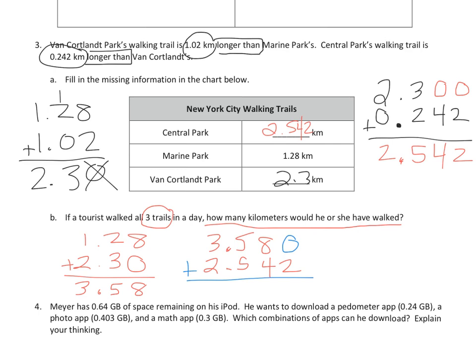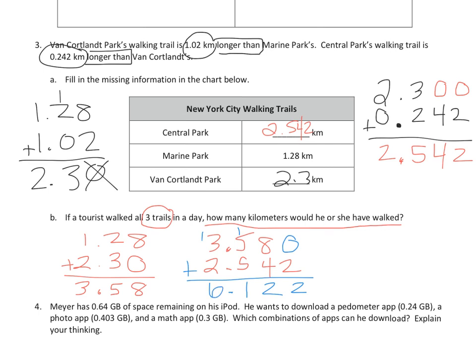And in the thousandths, I have 0 plus 2, that's 2. I've got 8 plus 4 in the tenths, that means I have to regroup. 1 goes up on top, 2 comes down. 5 tenths plus 5 tenths plus one more, that is 11 tenths. So I have to regroup. Decimal point. And in the ones, I've got 3 plus 2 plus 1, and that's going to give me 6.